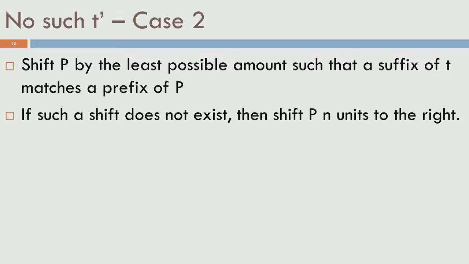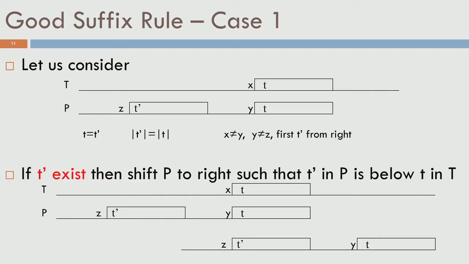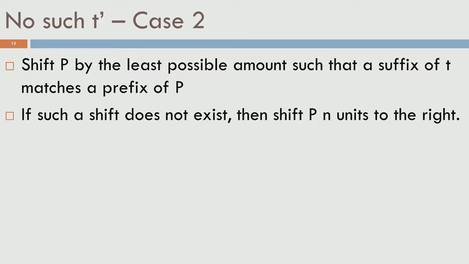Before we do that, let us also check what happens when such a T prime does not exist. Let us go back to the slide and take a look at what we mean by this. If such a T prime does not exist at all, then how much do we shift P by? This is given by the good suffix rule, using the second case. This is what we title this slide as.